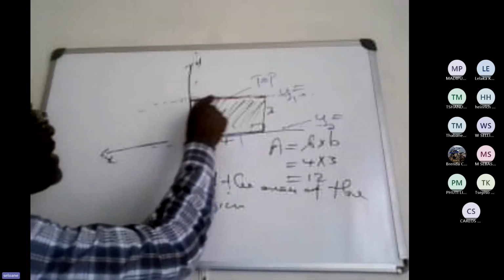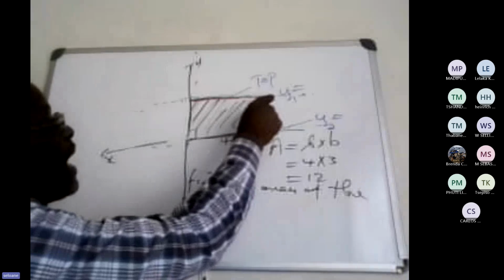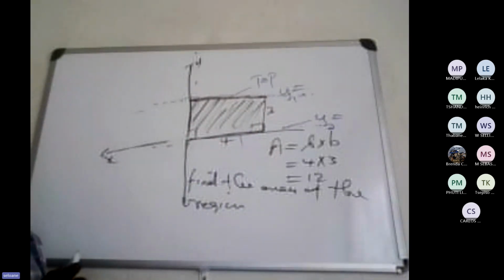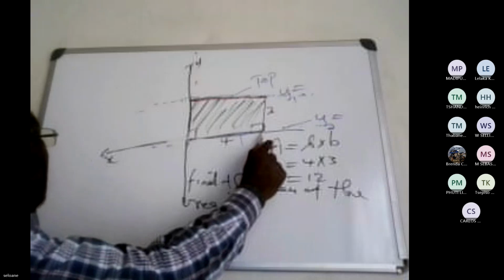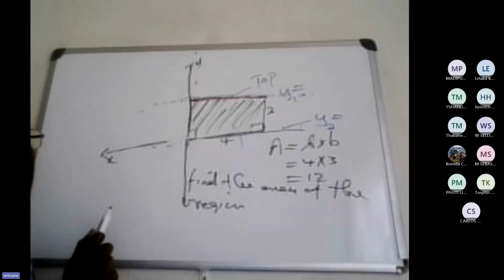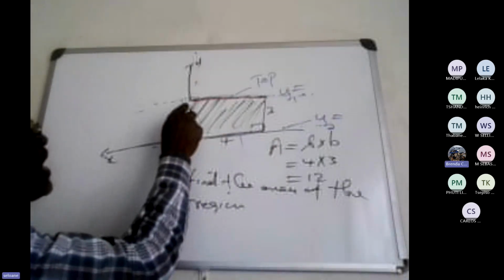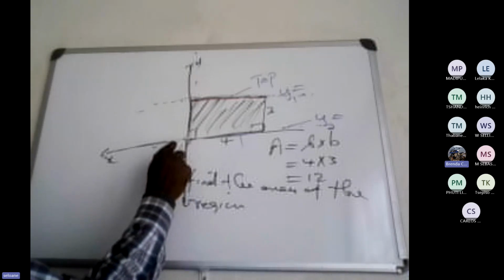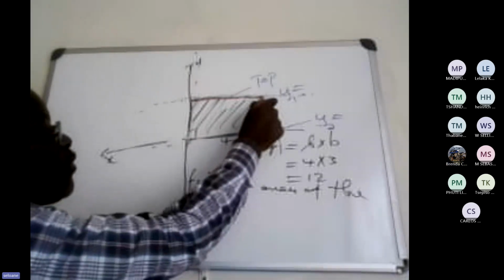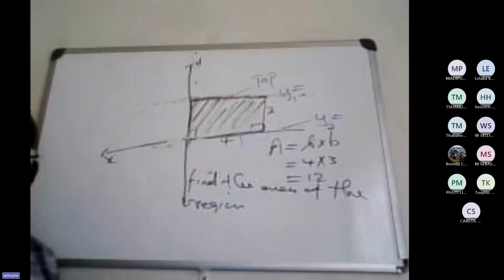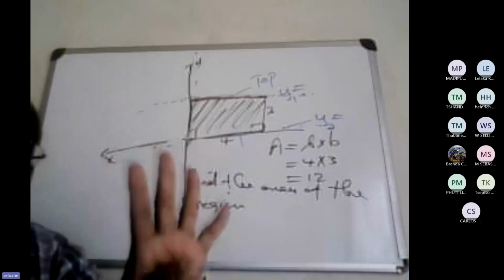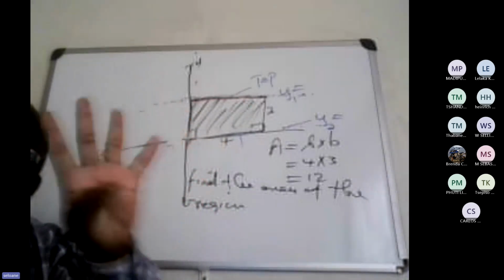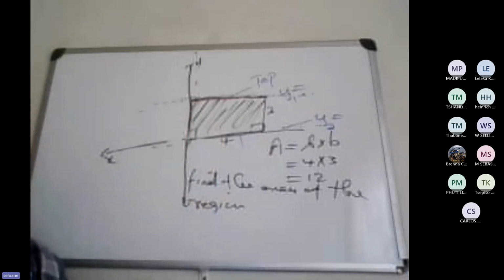This part is part of which function? This part from here to here is part of which function? In other words, this is enclosed by definitely 4 curves or 4 functions.